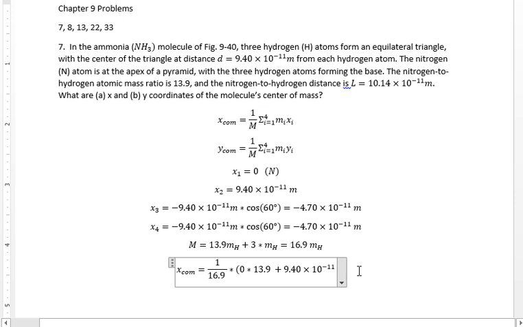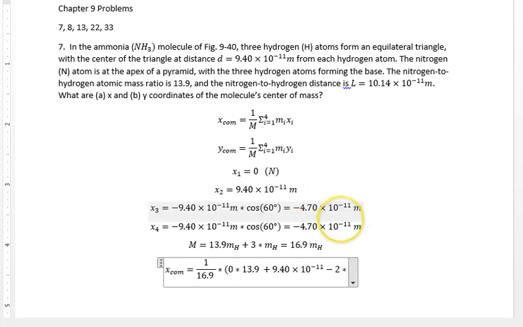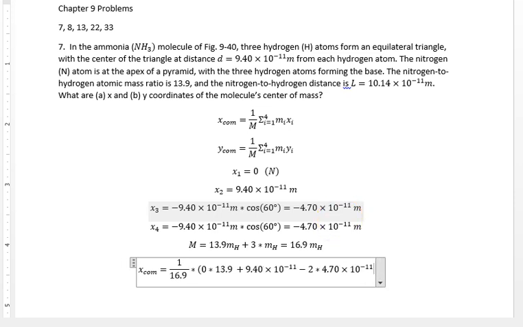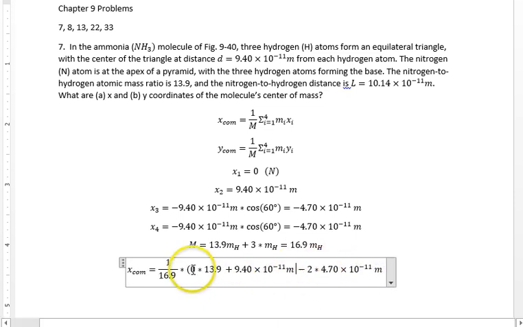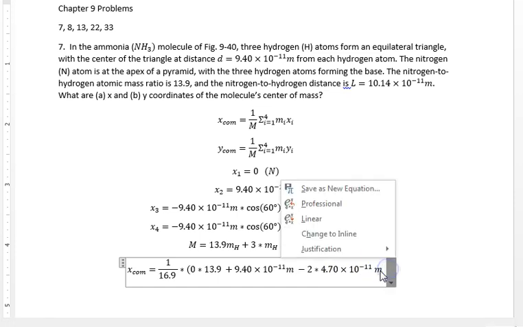All right, so 9.4 times 10 to the minus 11th, minus 2 times 4.70, because these are both at the same location. That's meters, and that's meters, and the units don't matter.